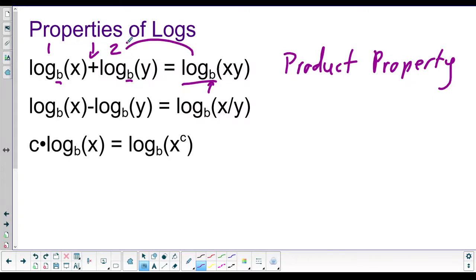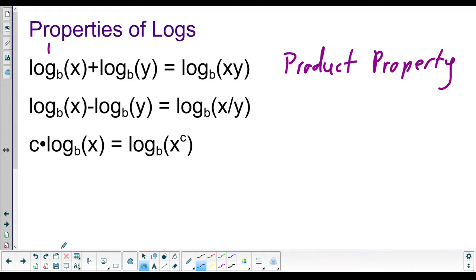Likewise, you can go backwards. If you have a logarithm with some things being multiplied together inside of it, you can expand that log by giving each part of the argument its own logarithm and then adding those logarithms together.